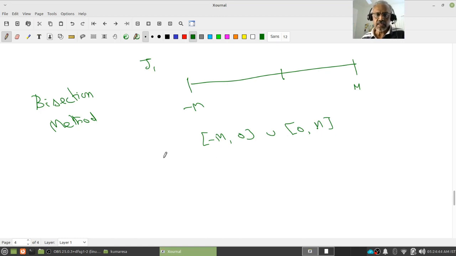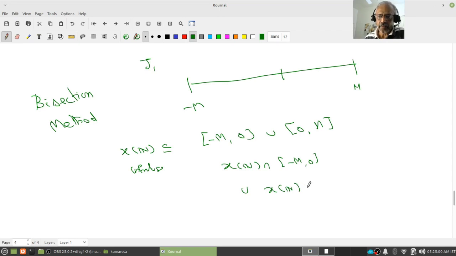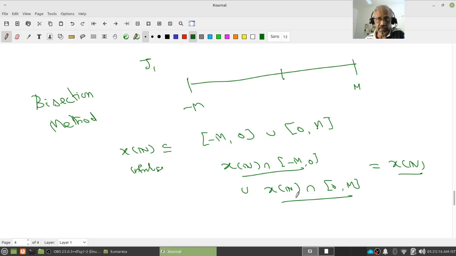Now your set of xn is an infinite set, right? Therefore if I look at the set of xn intersected with minus m to 0, union the set of xn intersected with 0 to m, this is equal to the set of xn, right? Now this is an infinite set, therefore either this or this must be infinite. You understand that? Maybe both are infinite, I don't care, right?